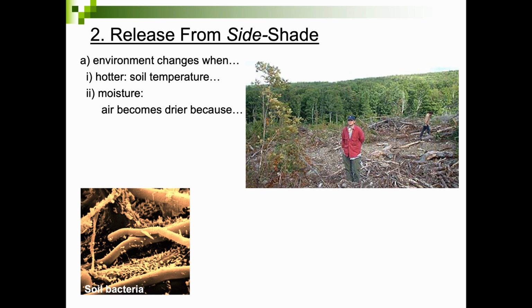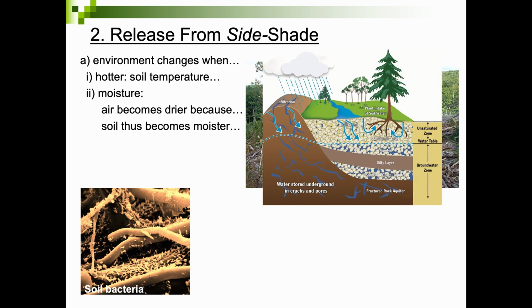The air around these areas is going to be drier. There's less moisture transpiring through the stomata of these leaves, so the air is actually going to be drier as well. So again, the soil becomes moister. In terms of soil moisture, depending on the actual habitat, you can have totally different responses.